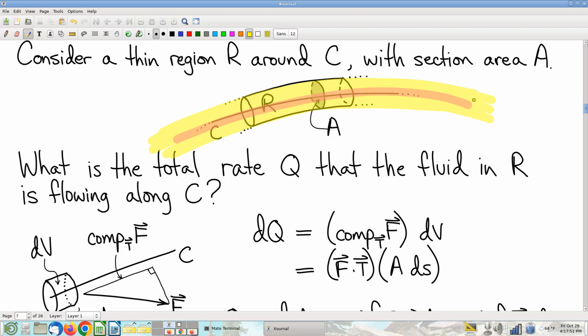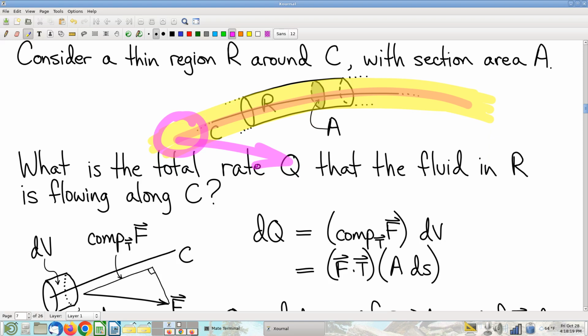It's not contained in a tube or anything. I want to look at the bits of fluid that are for the moment near our curve. And then I want to ask, where are these little pieces of fluid going? So, for example, this little piece of fluid right there that's near our curve, maybe it's going this way. To some extent, this little piece of fluid is flowing along the curve.